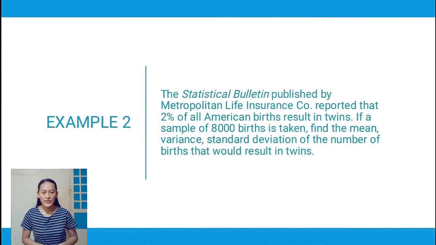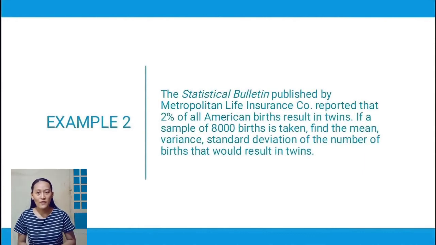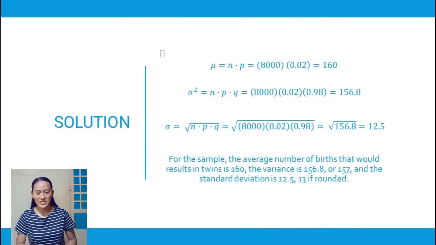Let's have another example. The statistical bulletin published by Metropolitan Life Insurance Corporation reported that 2% of all American births result in twins. If a random sample of 8,000 births is taken, find the mean, variance, and standard deviation of the number of births that would result in twins.